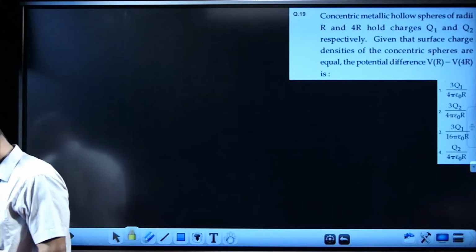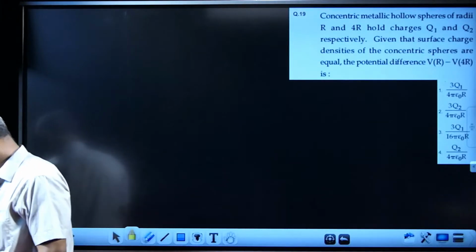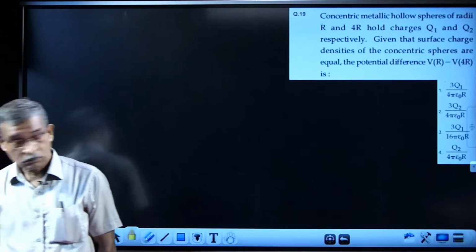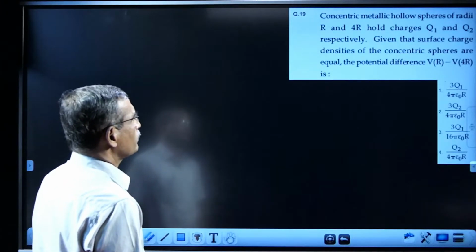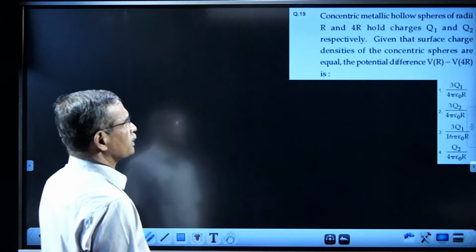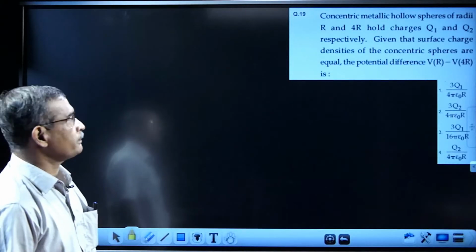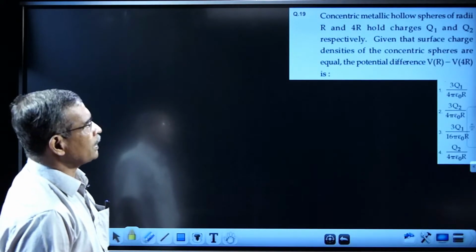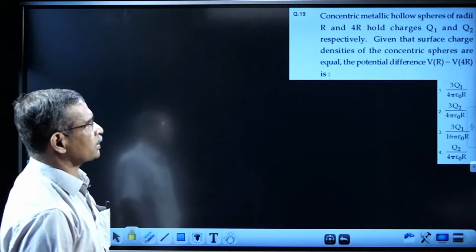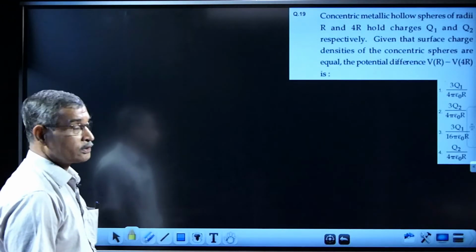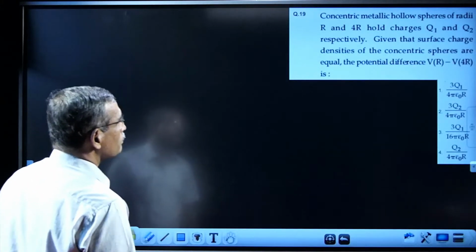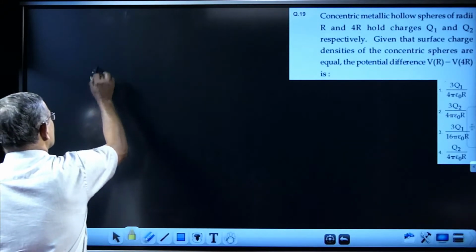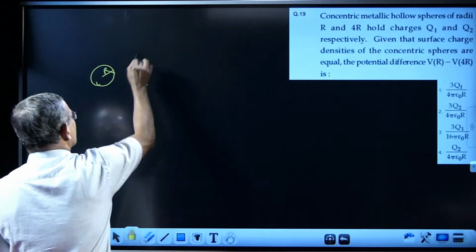Next question. Concentric metallic hollow spheres of radii R and 4R hold charges Q1 and Q2 respectively. Given that the surface charge density of the concentric spheres is equal, sigma the same, find V_R minus V_4R. This is R and this is 4R.